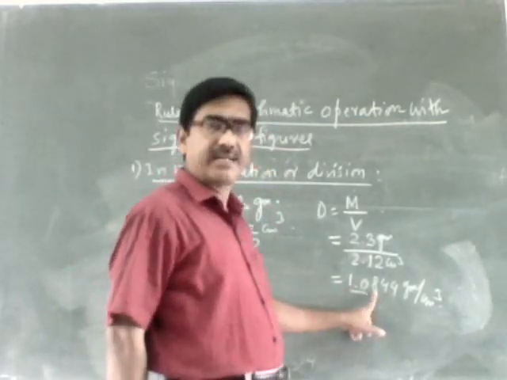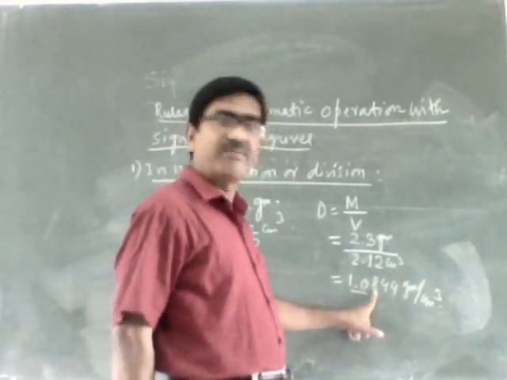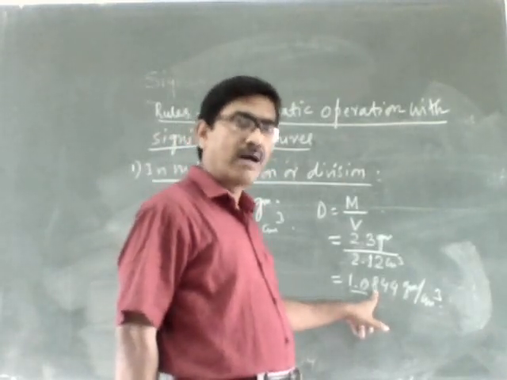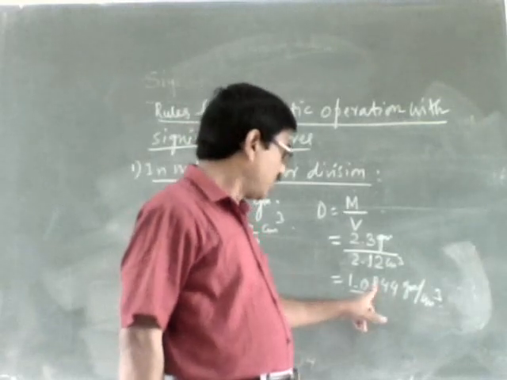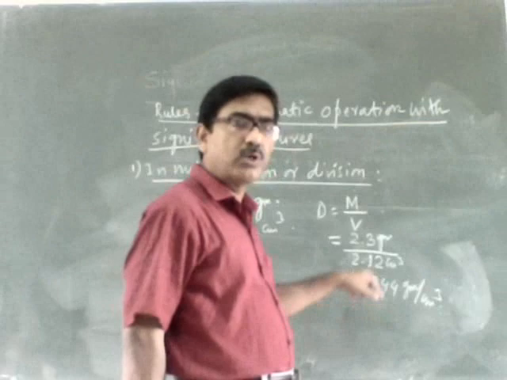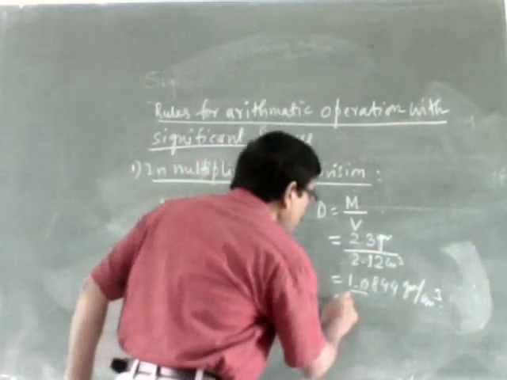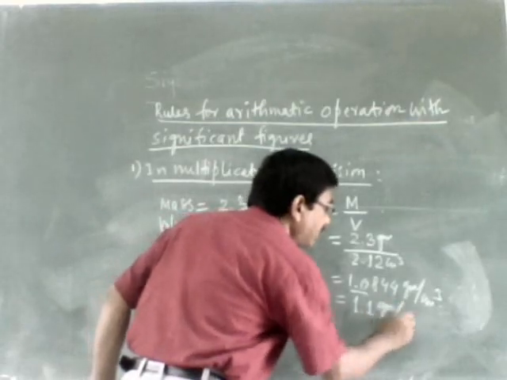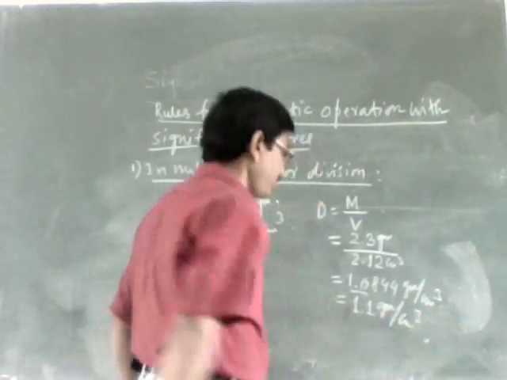But as the next digit is 8, which is 5 or more than 5, you add 1 to the previous digit. The previous digit is 0, so we add 1. So 1.1 will be the final answer: 1.1 gram per centimeter cube.